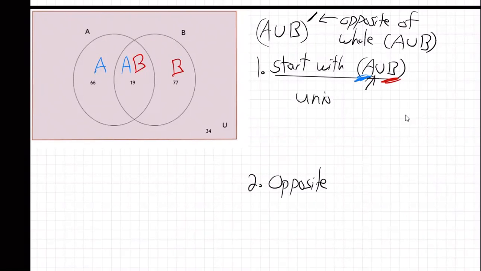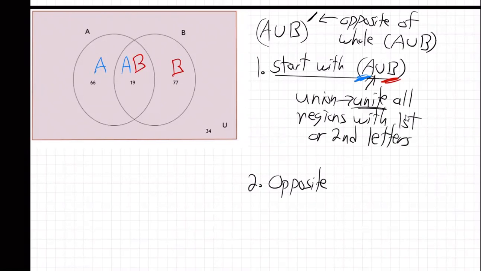This is the union, meaning that you unite all regions with the first or the second letters. That's what U means, the union, the uniting together of all regions with either the first or the second letters. So, okay, so that'll be this region, and this region. All three of those, right? All three of those are the union of all regions with the first or the second letters.